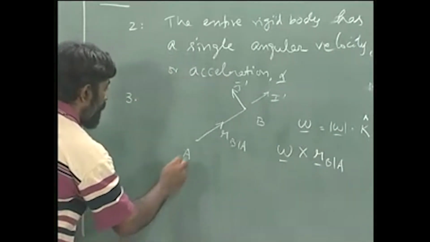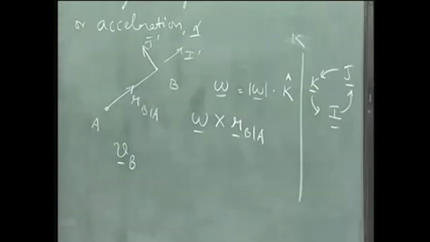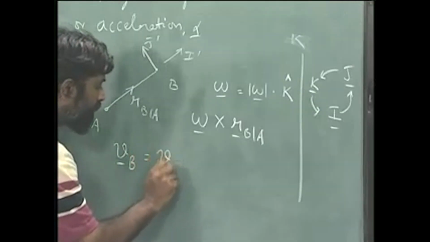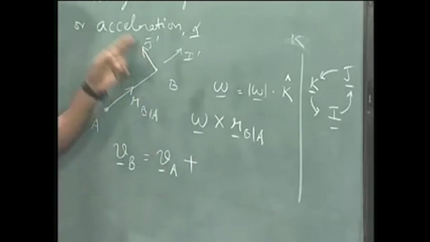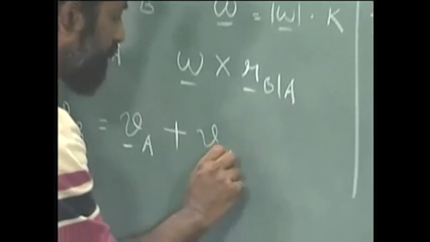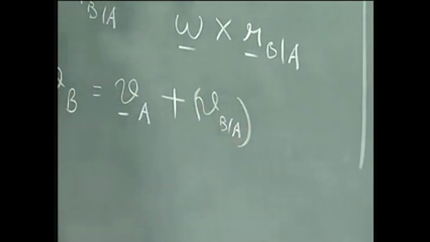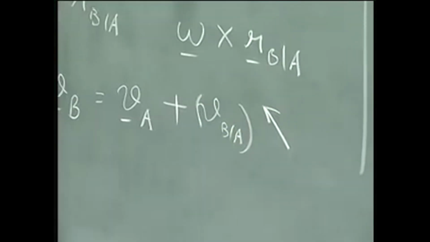Okay. So, in other words, we have velocity of B is equal to velocity at A, whatever is the velocity of this point, plus velocity in a direction as shown here. Okay. So, let us say velocity of B with respect to A, I am just going to write it like this, times a direction like this.